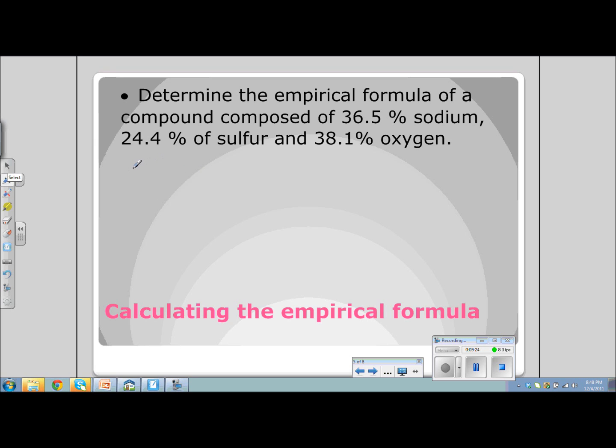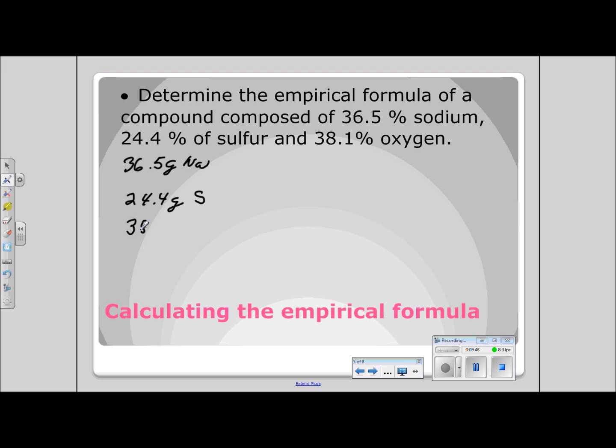So we can just make that conversion directly. We're going to take 36.5 grams of sodium, and then 24.4 grams of sulfur, and 38.1 grams of oxygen.